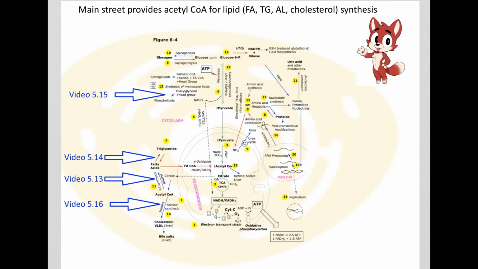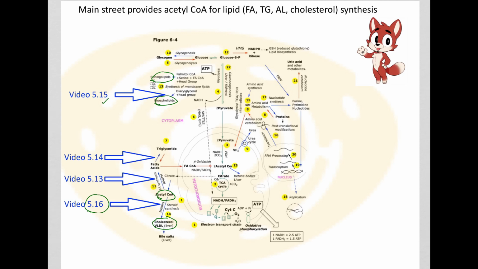We then discussed the synthesis of amphiphilic lipids such as phospholipids and sphingolipids in video 5.15, and then finally in video 5.16 we talked about how we can take this acetyl-CoA and make cholesterol.